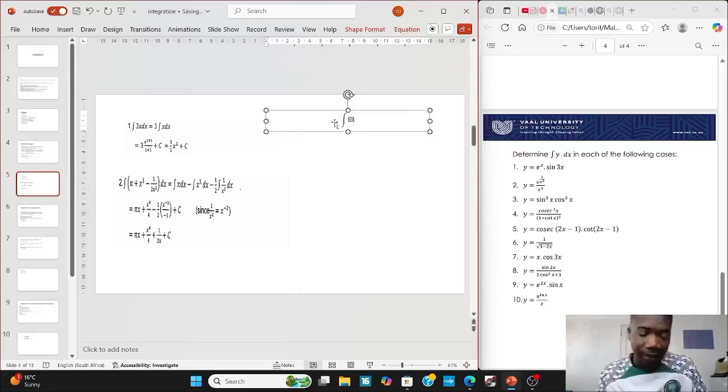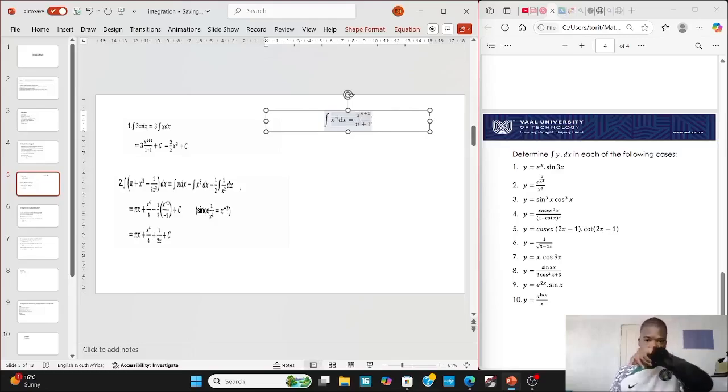that the integral of x to the power n dx is equal to x to the power n plus 1 all over n plus 1, right?